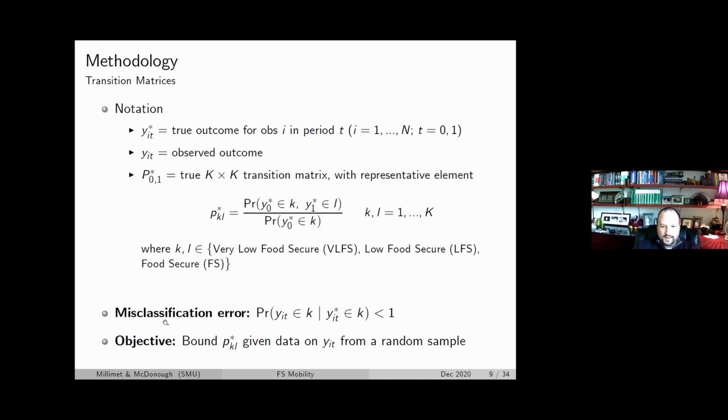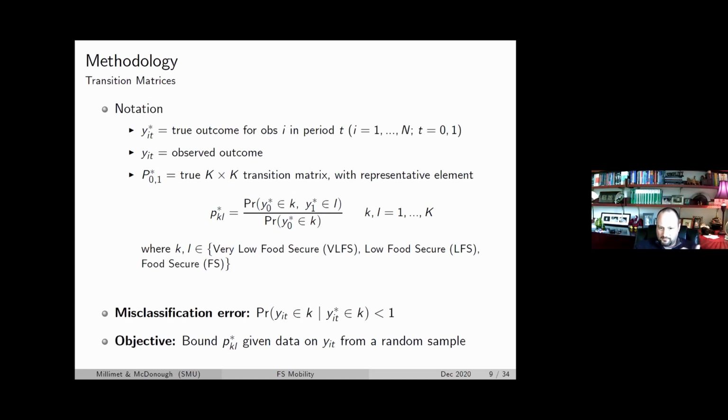All right. And so what we're worried about here is misclassification error. We're really worried about whether or not we observe a given household in the wrong cell of the transition matrix. That's definitely more important if this is applied to income, because there's a difference potentially between measurement error and misclassification.